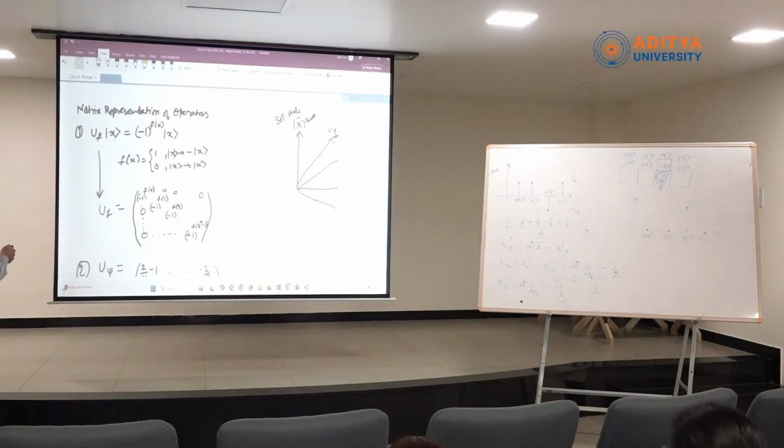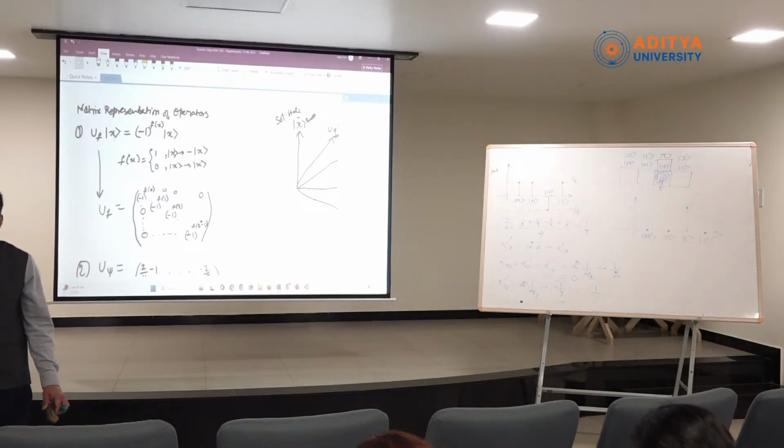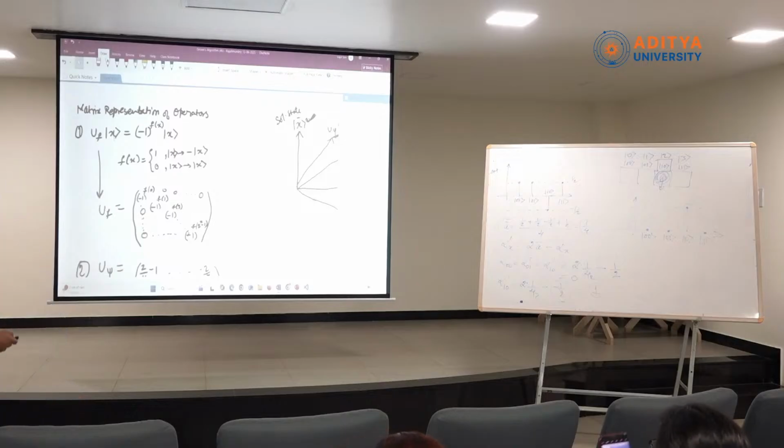Like if you see here, a unitary function applied on a quantum state, there would be a function f of x. This f of x function would check whether your marked item is available within the quantum state of the system or not. So if it is there, this function would be evaluated as either 1 or 0.